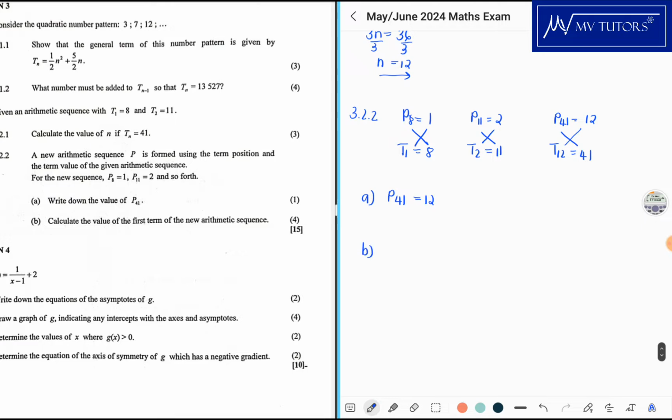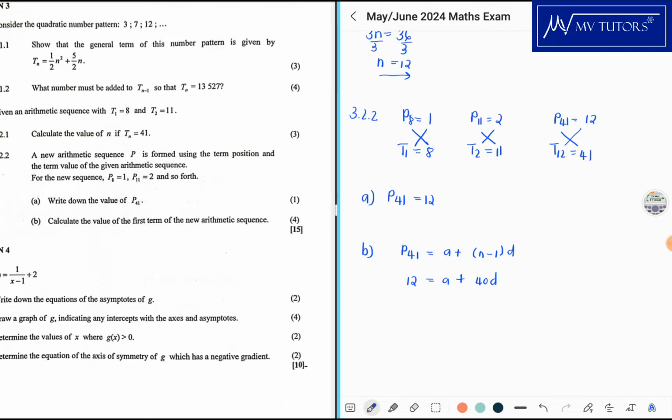For B, it says calculate the first term of the new arithmetic sequence. So P41 will be equal to a plus (n minus 1)d. Now I know P41 is 12 and n is 41, so 41 minus 1 is 40. So I have one equation.